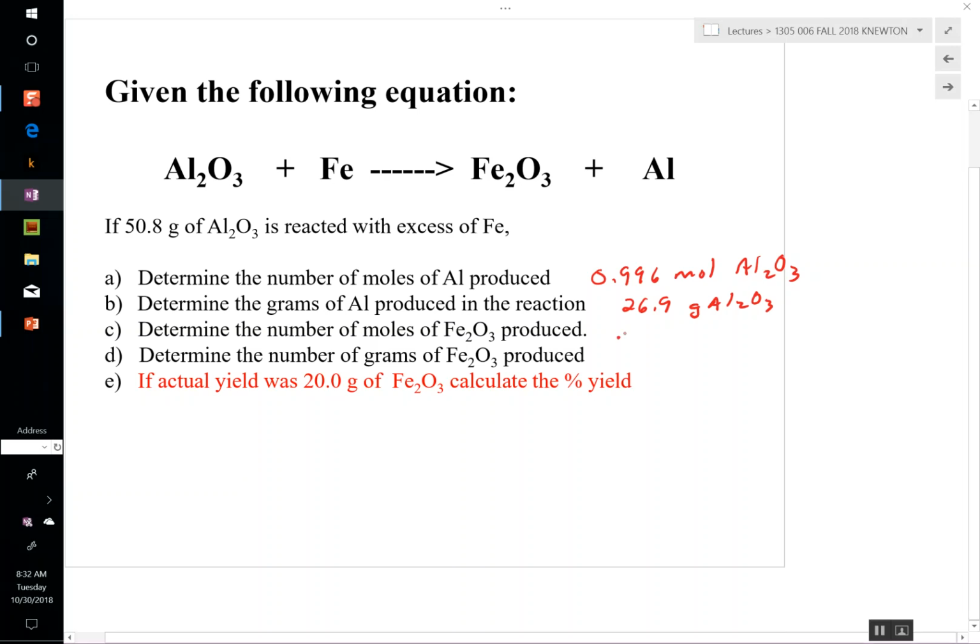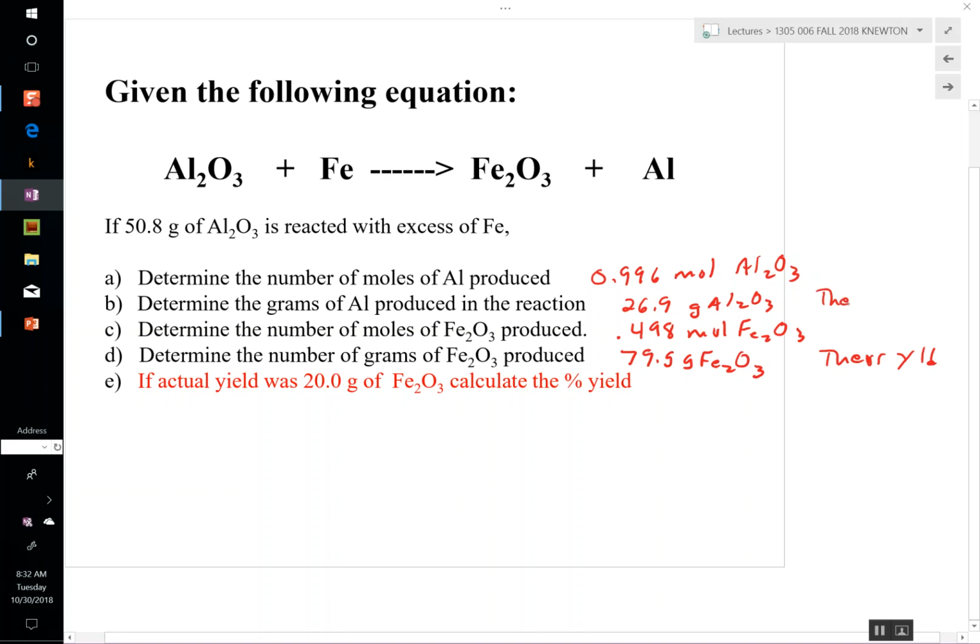This one was 0.498 moles of iron oxide, and it was 79.5 grams of iron oxide. This is your theoretical yield of iron oxide.